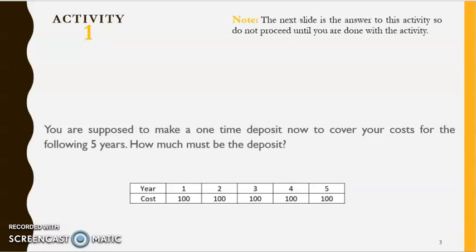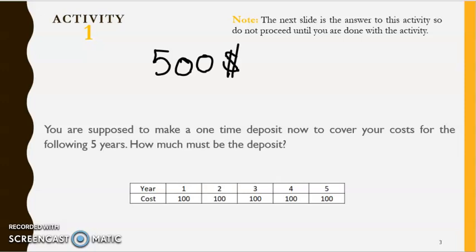There is no income, no interest, nothing, and it says if you want to deposit money now to cover all the expenses for the following 5 years, how much will you deposit? Okay, the answer is 500. 500 is the answer.